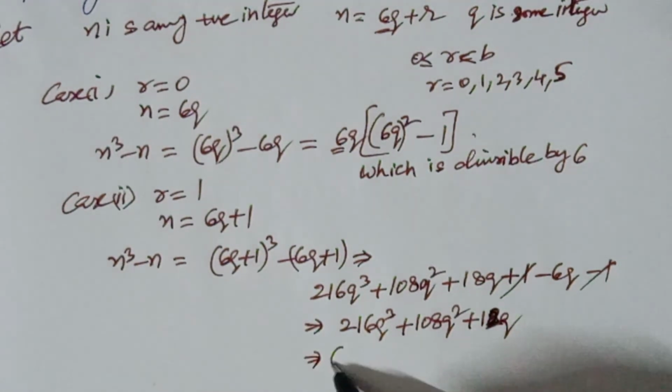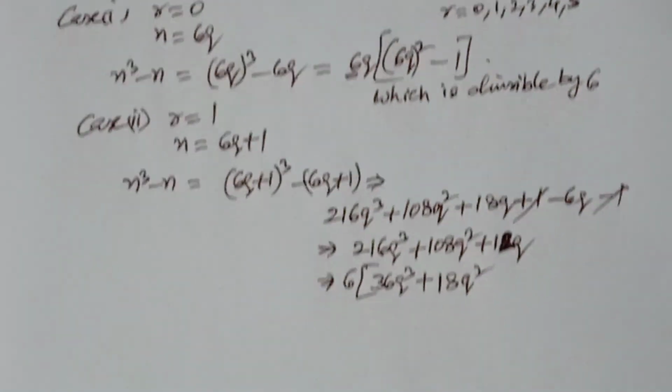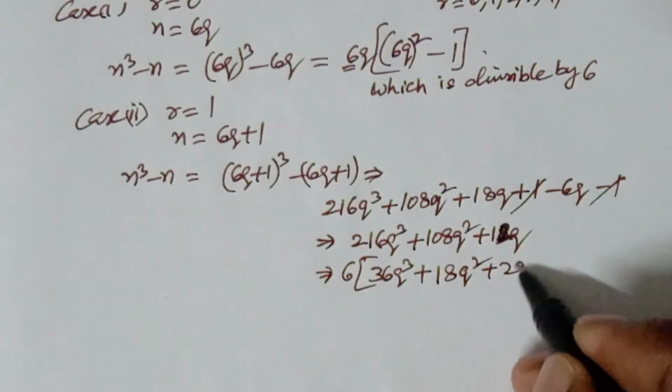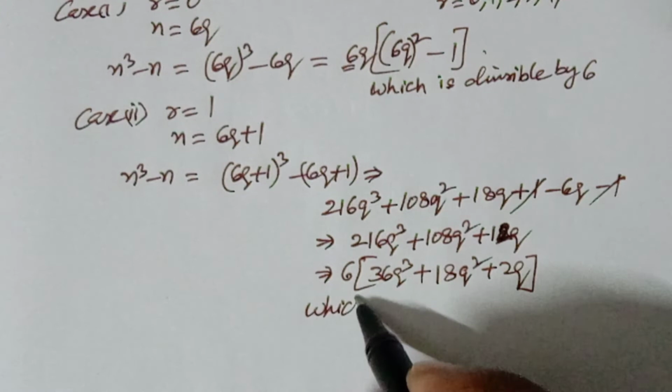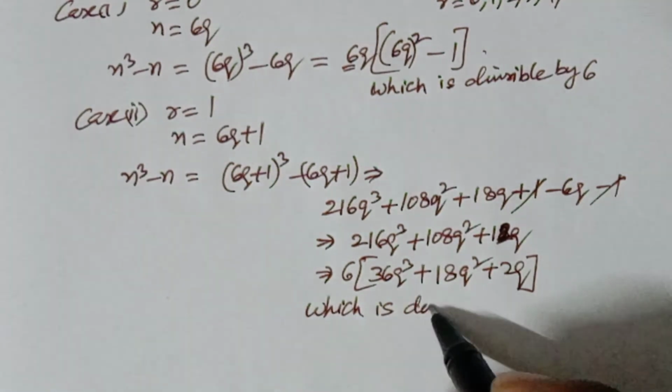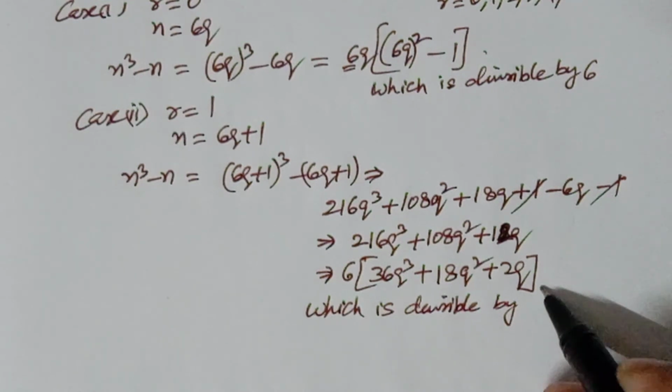Here you can take 6 common: 6 times 36q power 3 plus 18q square plus 2q, which is divisible by 6.